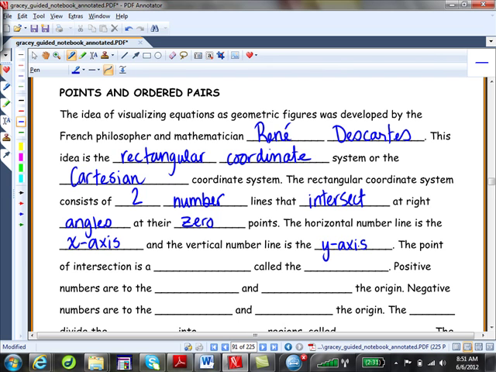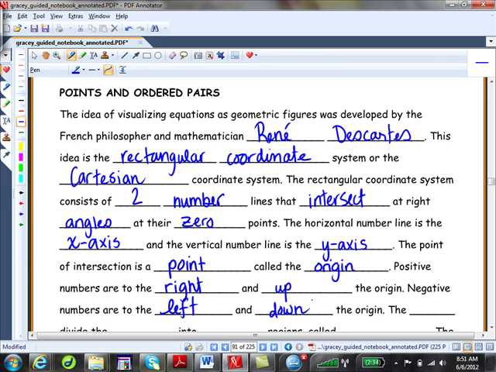The point of intersection is a point called the origin. Positive numbers are to the right and up from the origin. Negative numbers are to the left and down from the origin.